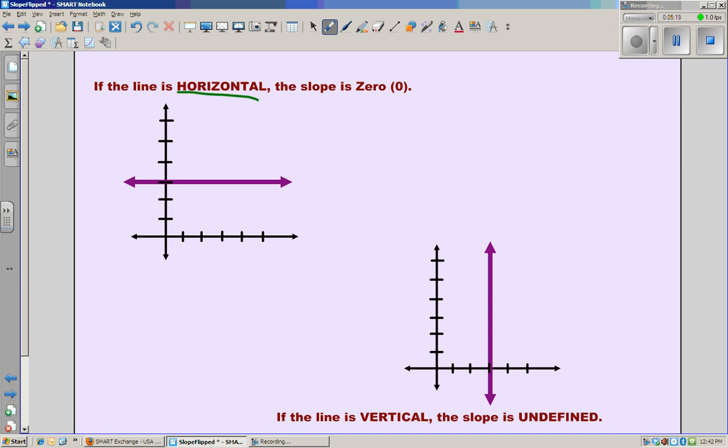Here is an example of that. The line does not change at all. The slope is 0. If the line is vertical, moving up and down, we call it undefined, or you can call it a no slope. Horizontal is 0, up and down is no slope.